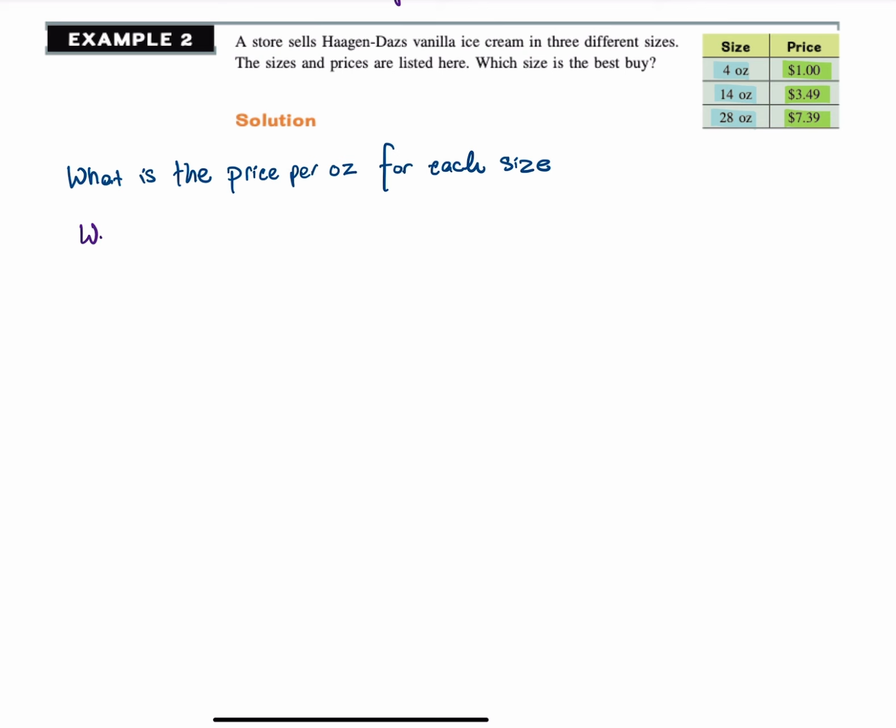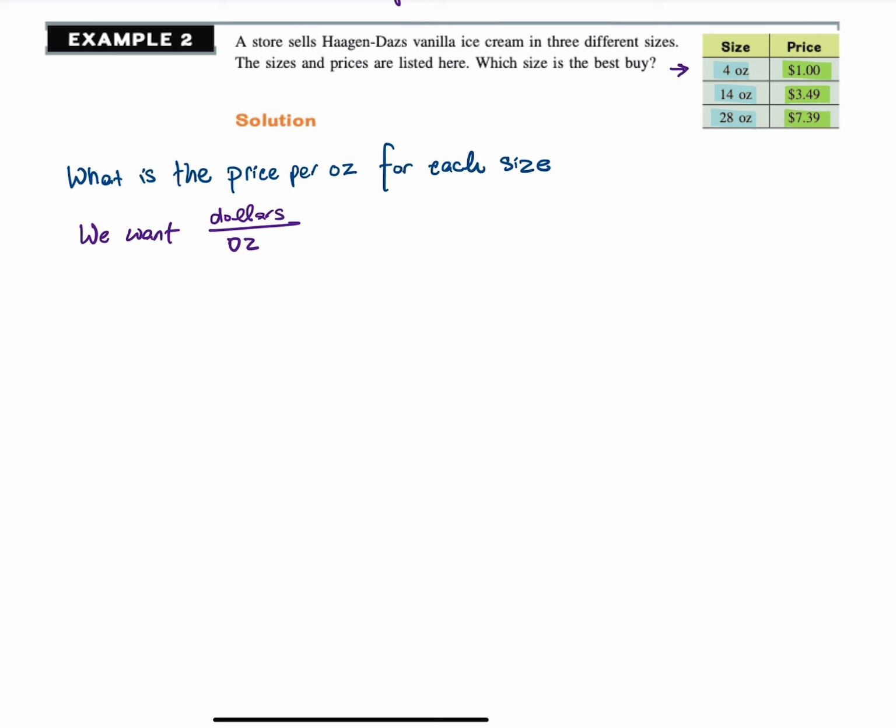So what we want is, since we're saying price per ounce, the price is in dollars. So we want some kind of ratio where we have the price in dollars on top and the number of ounces on the bottom. That will give us our costs per ounce. So let's go through for each of these and see what we get.